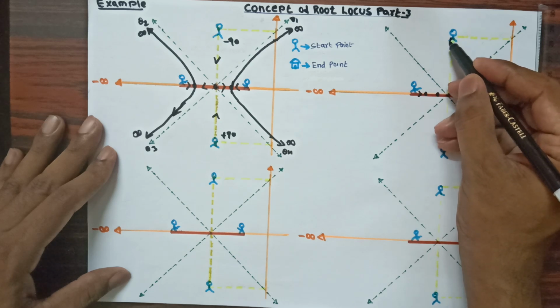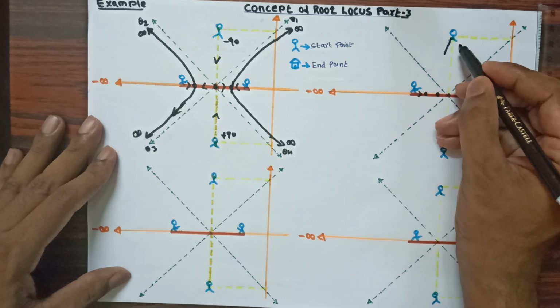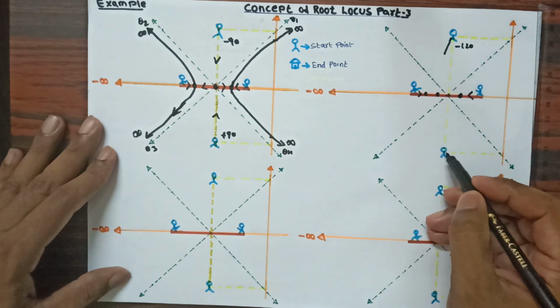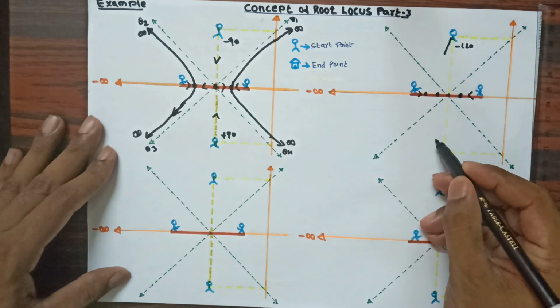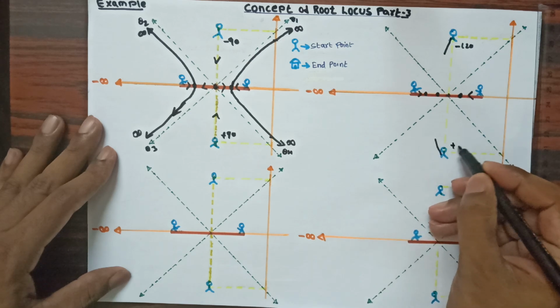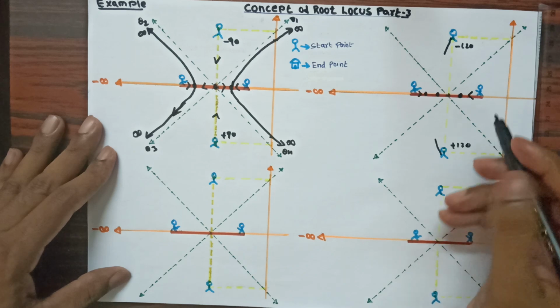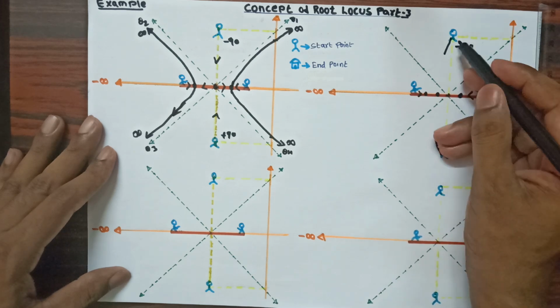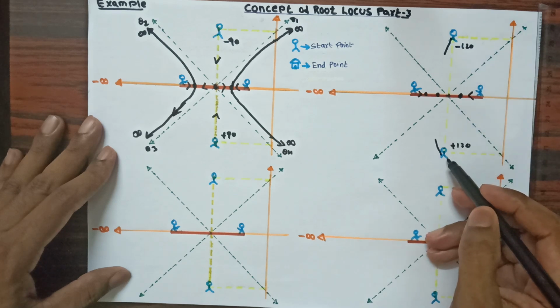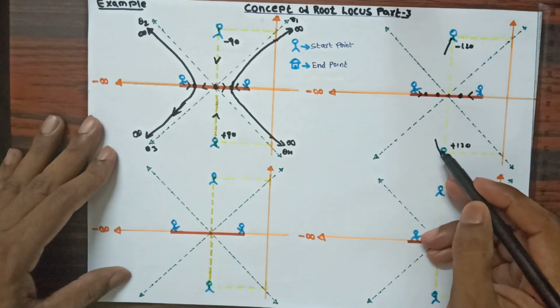Assume here I am going to give the angle for this somewhere minus 120 degrees, and here for this person I am going to give the angle plus 120 degrees. Now when I apply the input, this person will come out with angle minus 120 degrees, and this person will come out with an angle plus 120 degrees.